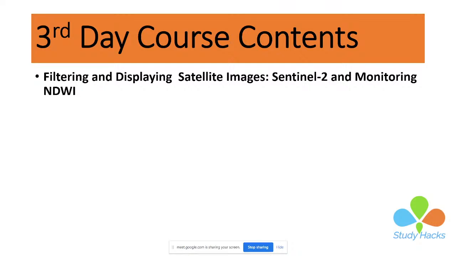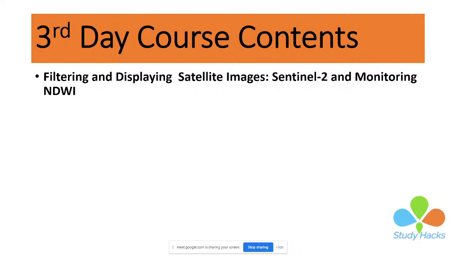After this, how you can easily make the normalized difference water index from the Sentinel-2 satellite imagery. In this time I will discuss how we can easily filter the Sentinel imagery, and in the previous class I discussed the Landsat imagery, how we can easily filter the Landsat. I hope you can practice filtering the Landsat imagery.